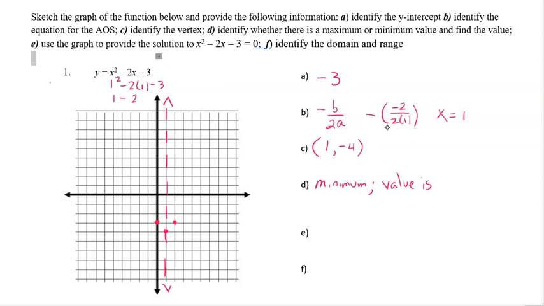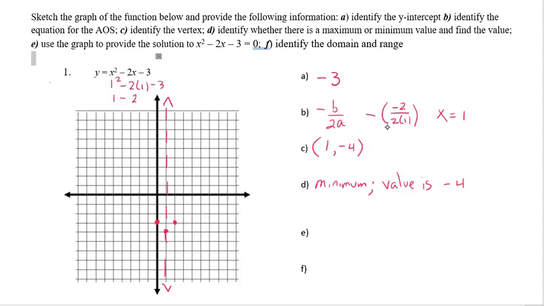The number that would tell us how high or how low a point is, that's all determined by the y-axis. The y-axis runs up and down. So when you're looking for either the minimum or the maximum value, you just take the y-coordinate of the vertex. And in this case, that value is -4.